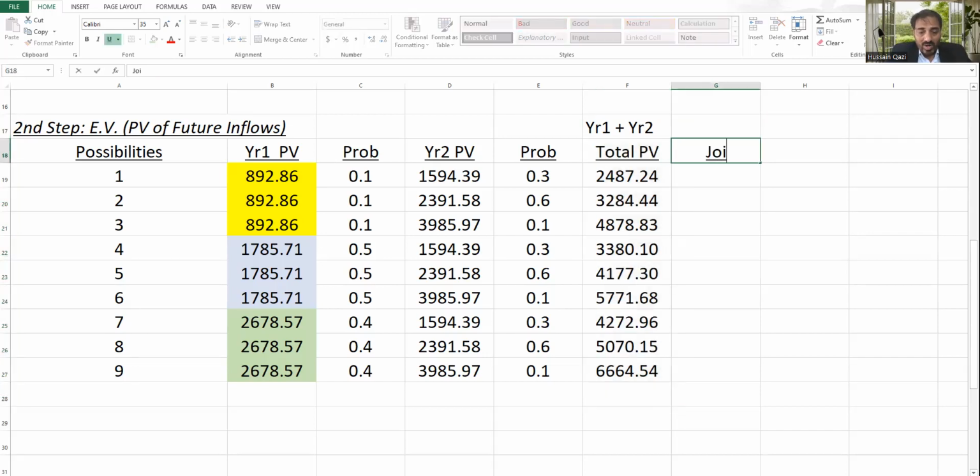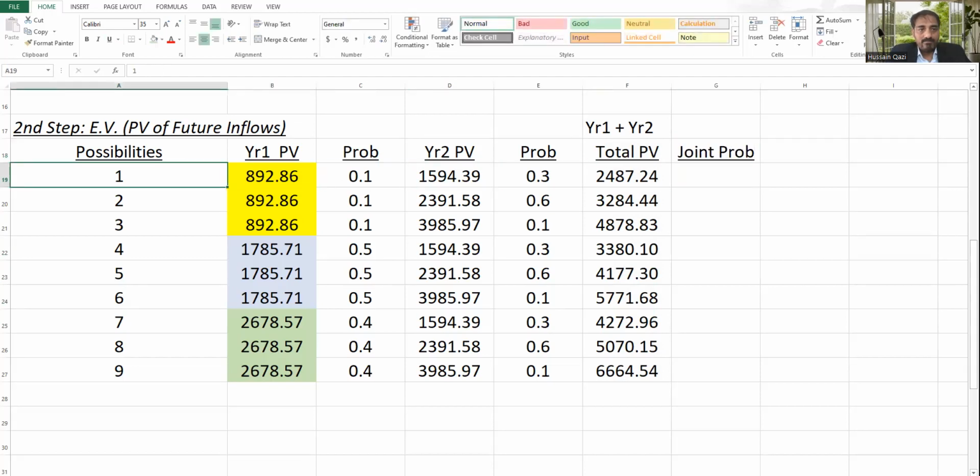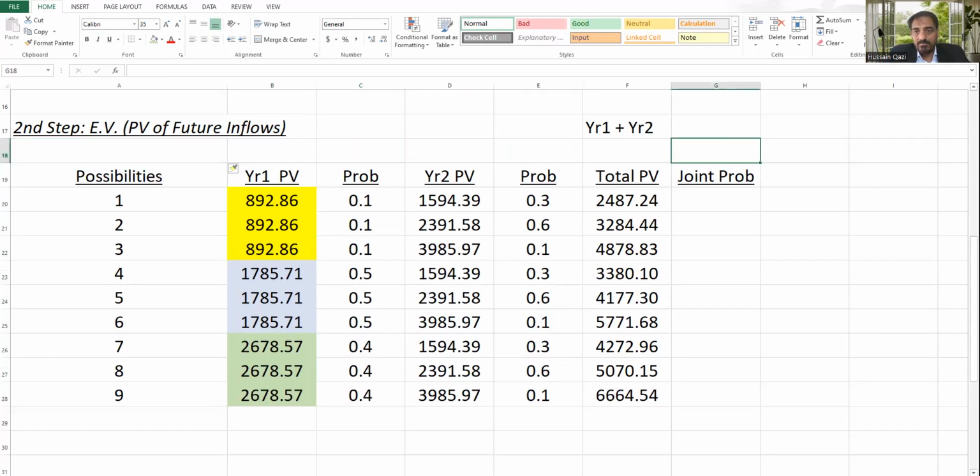Sir, what about the joint probabilities? If we need to work out with the joint probabilities, so that means is equal to this multiplied by this.